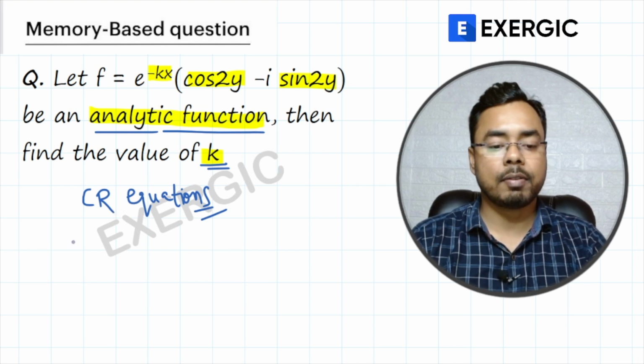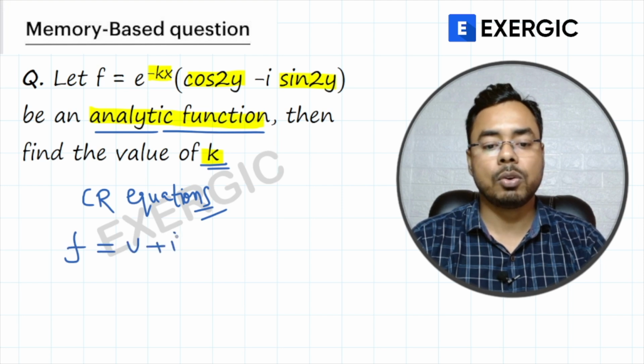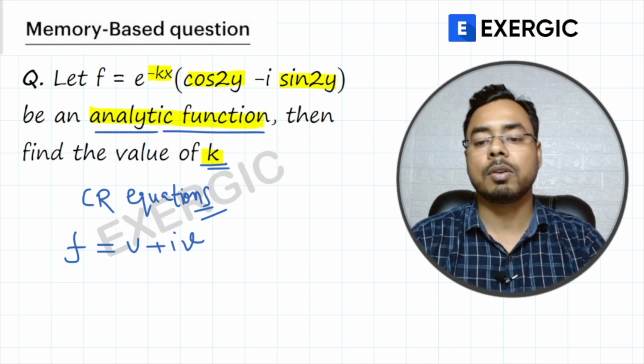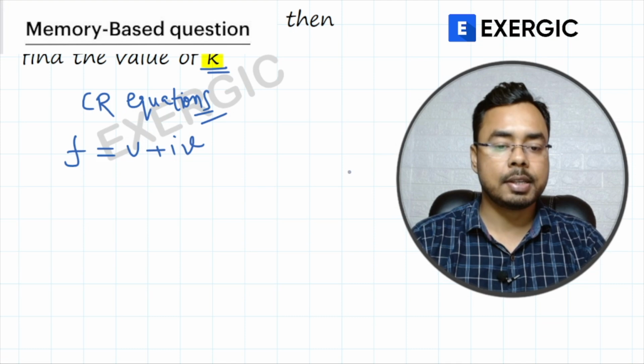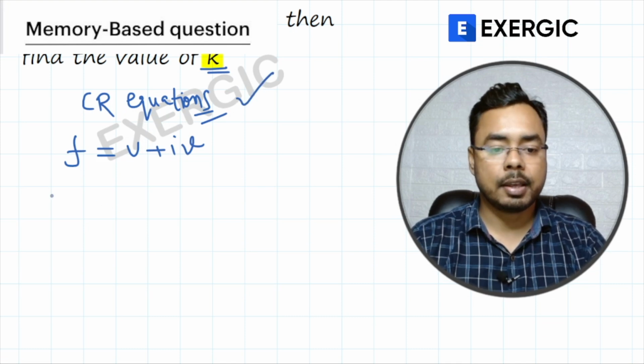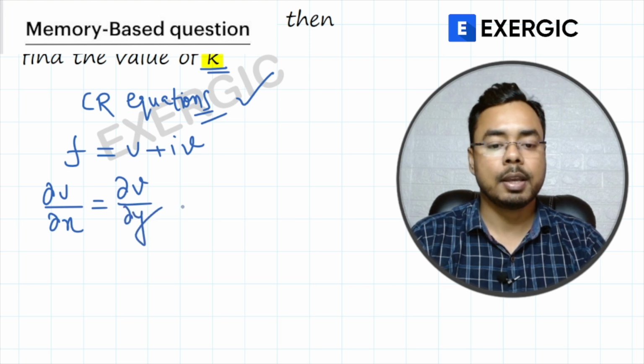So we know that if a function f is u plus iota v, where u and v are functions of x and y, both u and v are functions of x and y. If this function is analytic, then it will satisfy CR equation, and the CR equation is nothing but the partial derivative of u with respect to x equal to the partial derivative of v with respect to y, right?